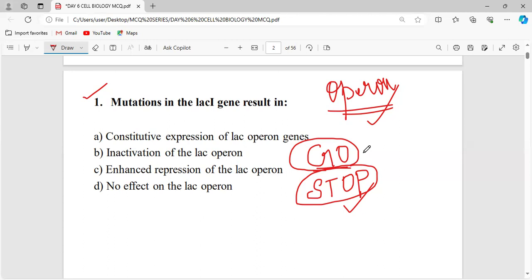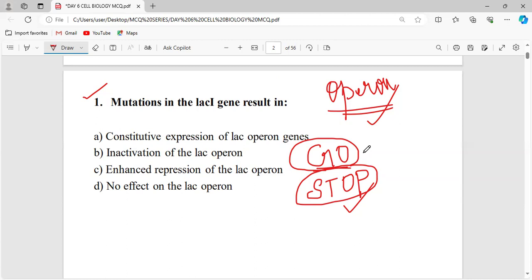Inducible genes are exemplified by the lac operon: whenever the substrate is present in the medium, the operon will start. Whenever the inducer is present, it will be induced. That is why we call them inducible genes. Repressible genes are exemplified by the tryptophan operon, because whenever tryptophan is present in the medium, the operon will be stopped.